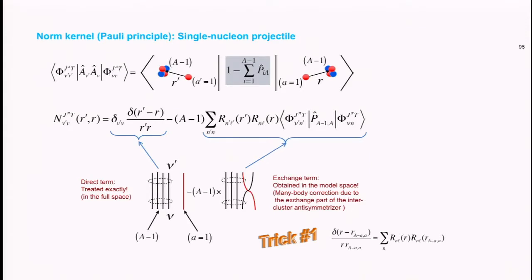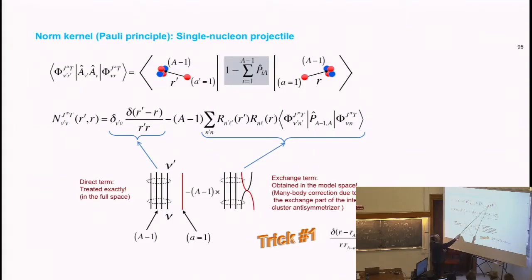But this second part, where I have the exchange of the nucleon with one of the nucleons inside the nucleus, that is localized, because the wave function of this, let's say helium-4, is localized in space. So for this kind of matrix element, for this exchange, I can use this trick of expanding the delta with the radial harmonic oscillators, right? So I can do that. And that's what we do in this business of the no-core shell model with continuum.